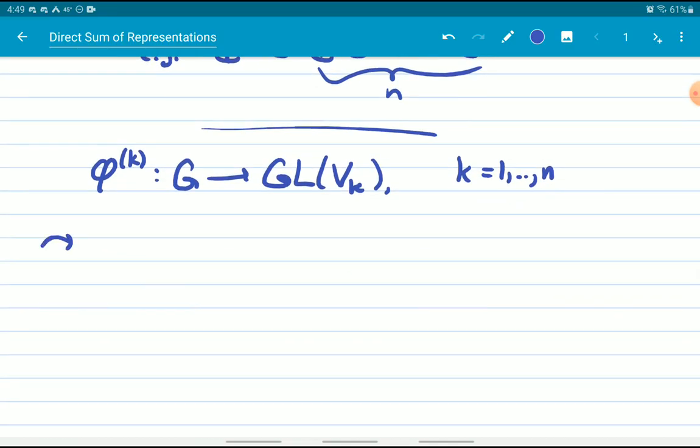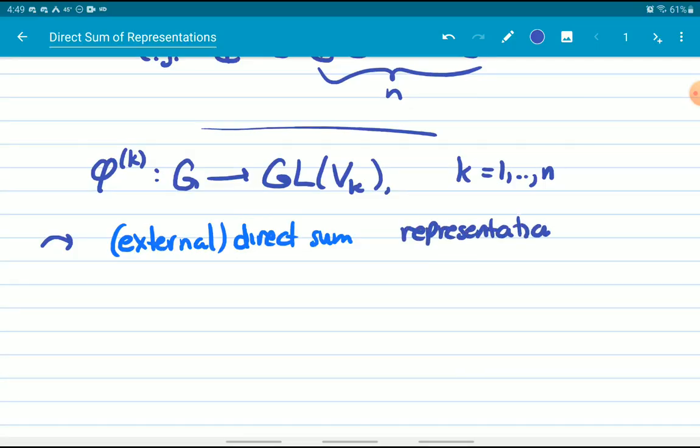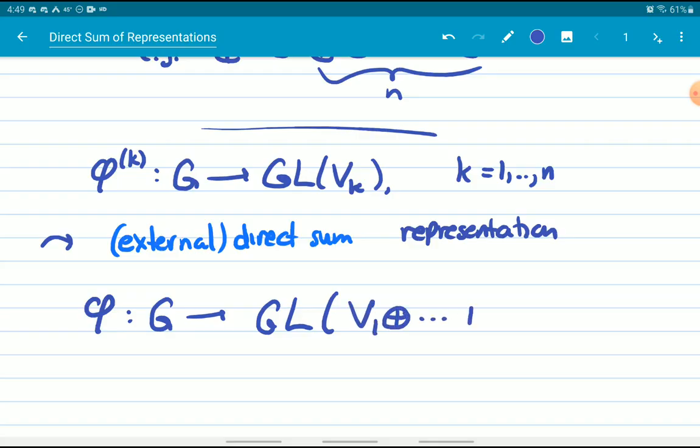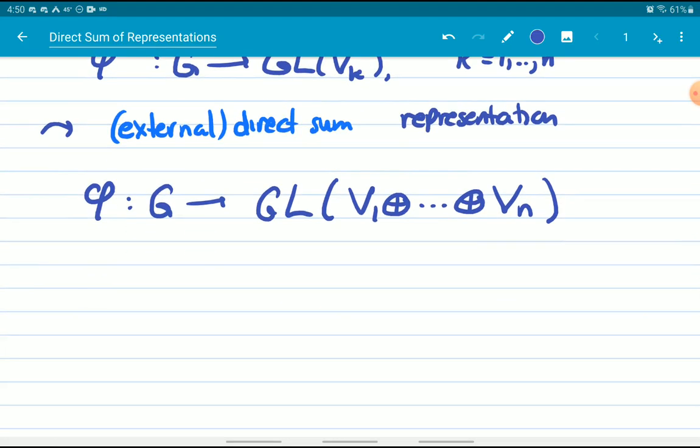Then there's a corresponding external direct sum, or just direct sum, representation phi, which goes from G to the general linear group of the direct sum vector space. And it's defined by the obvious formula.